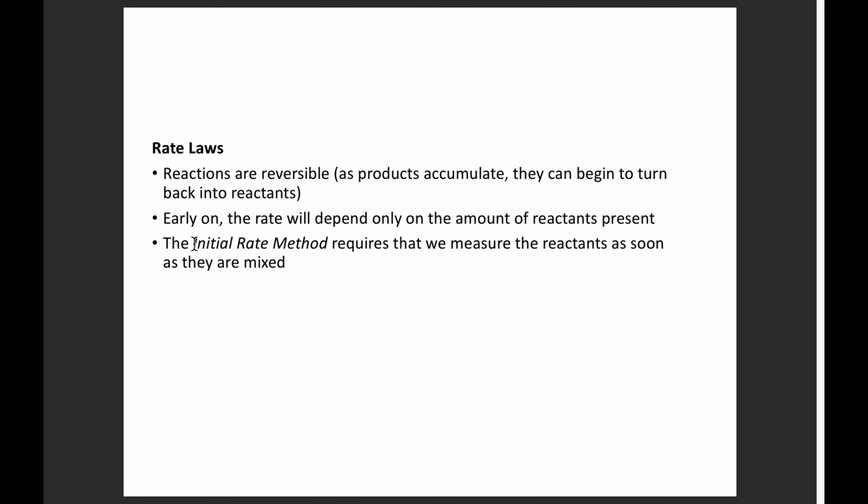And the initial rate method, if you remember, is when you first put those reactants together. At that moment in time, when they first touch each other to start to react, there are no products yet. So you don't have to worry about putting products into the rate law equation. That kind of makes it nice for us. We just focus only on the reactants by themselves.